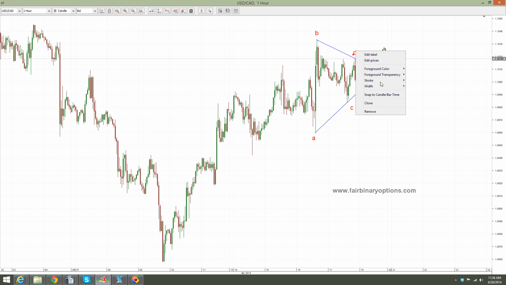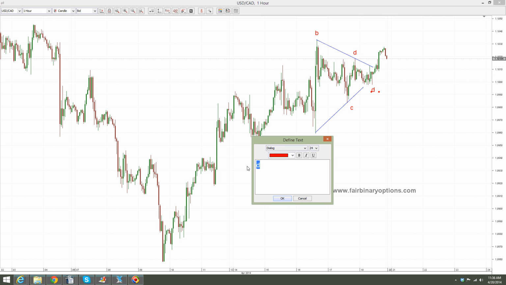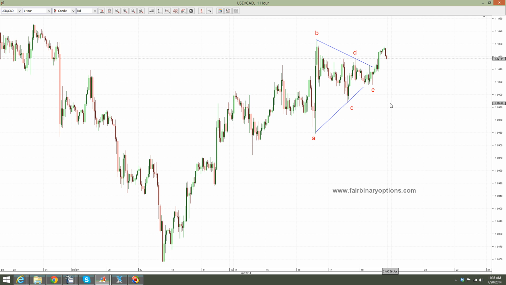So A, B, C, D, and then we have the E wave, and this is a contracting triangle.